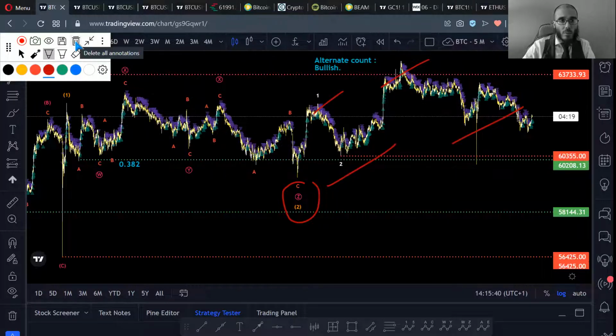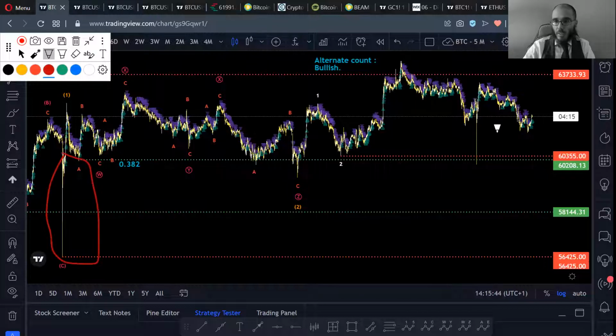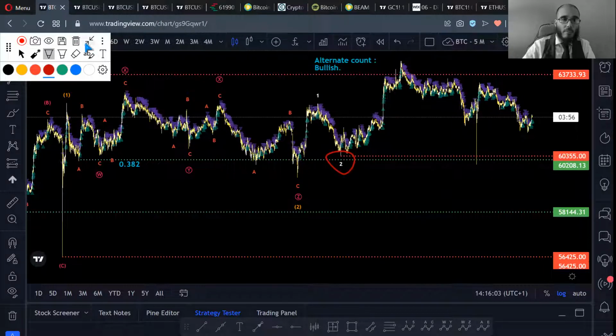But we did get one more flash crash. After this flash crash, we did get a smaller one here. And the smaller flash crash did go below the bottom of wave 2. And that's impossible. So I cannot count it in that manner anymore.